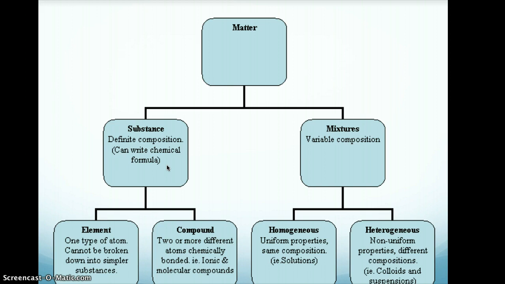It has a definite composition, and those are things that we can write chemical formulas for, such as elements and compounds. And now we're going to talk a little bit about what happens when matter is not pure. Most of the matter you see around you are mixtures. So let's just go ahead and jump right into it.